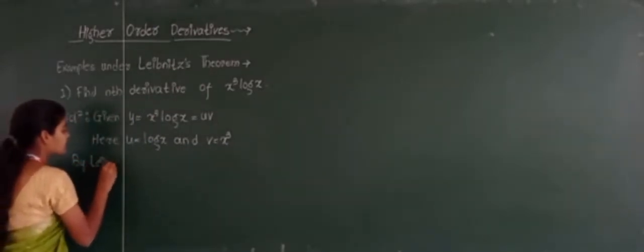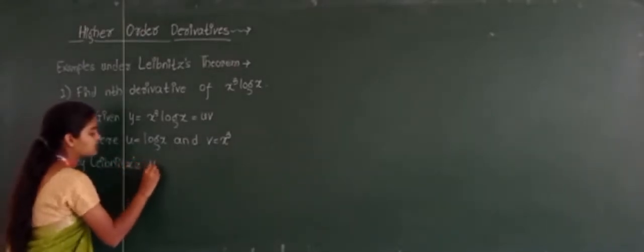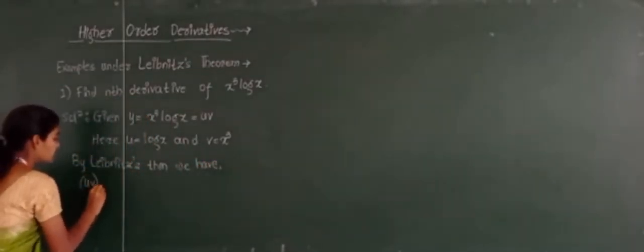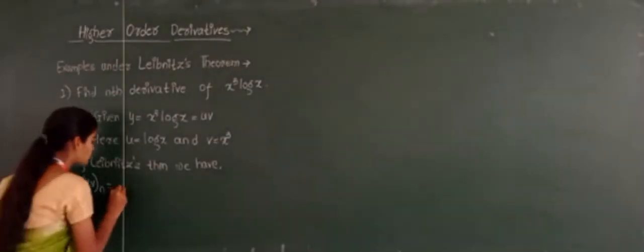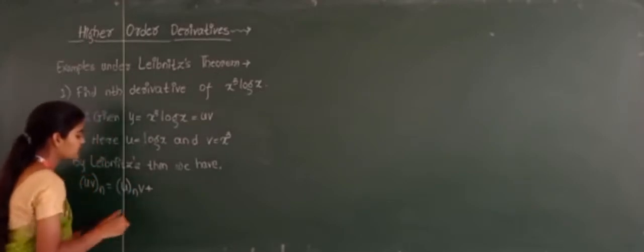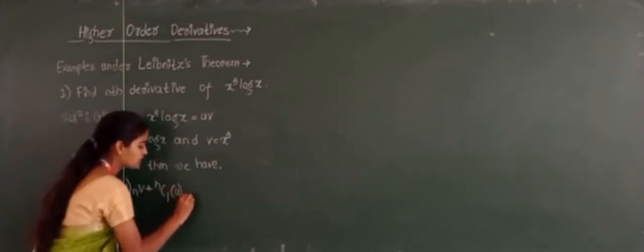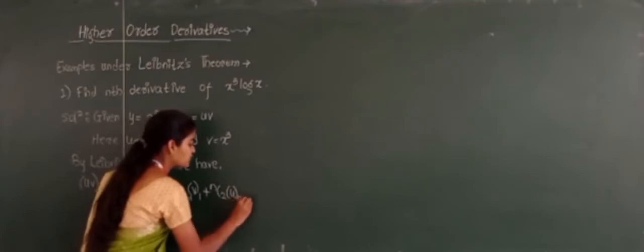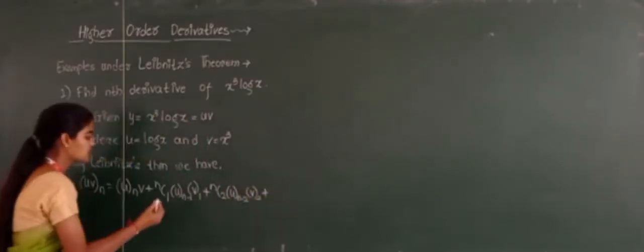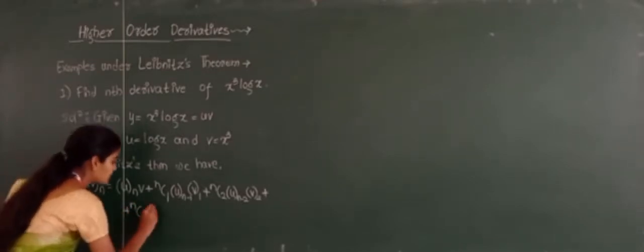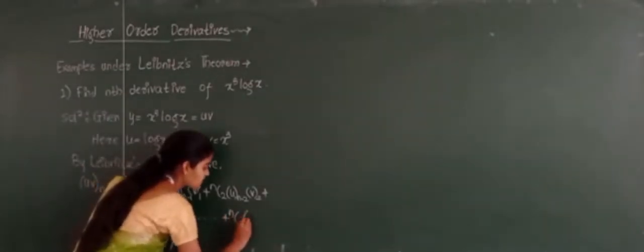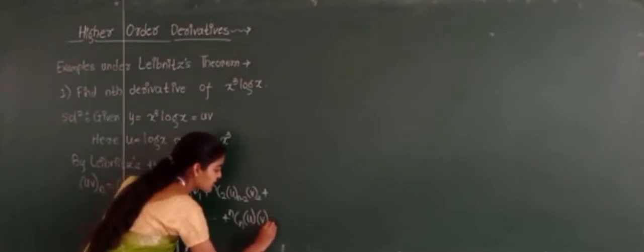Now let us write by Leibniz theorem. I will first write the formula. By Leibniz theorem we have the nth derivative of u into v is equal to nth derivative of u into v plus nC1 (n minus 1)th derivative of u and first derivative of v plus nC2 (n minus 2)th derivative of u and second derivative of v, plus nC3 (n minus 3)th derivative of u and third derivative of v, and so on, and the last term is nCn, u as it is, and nth derivative of v.